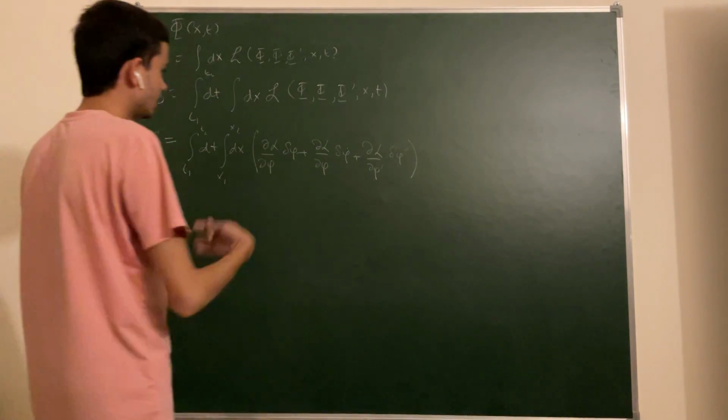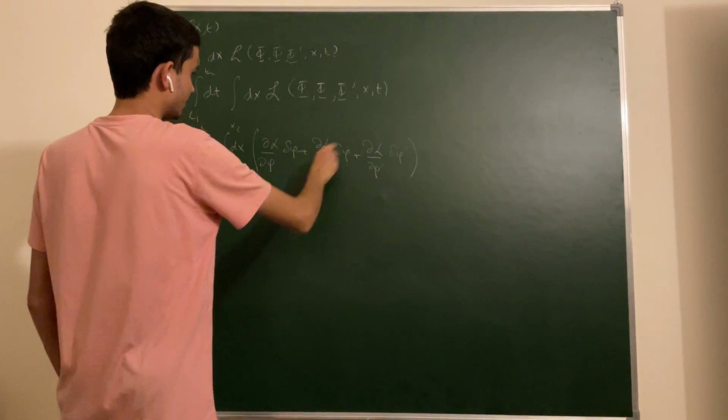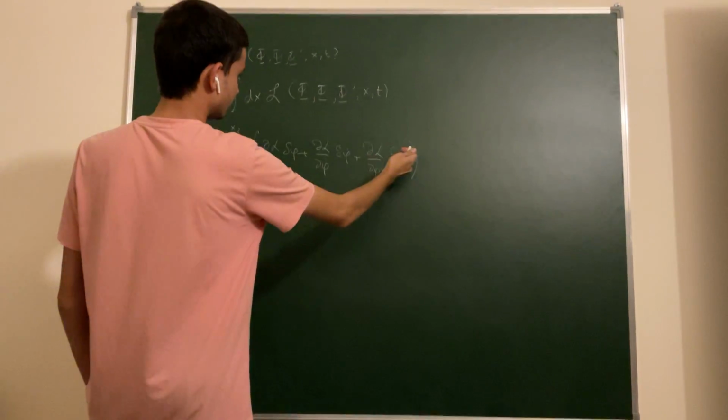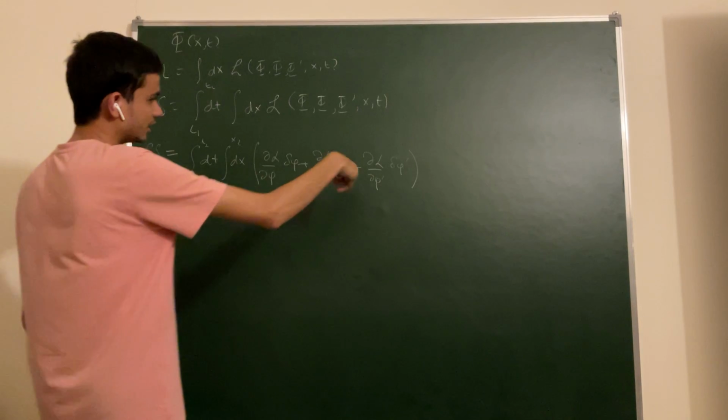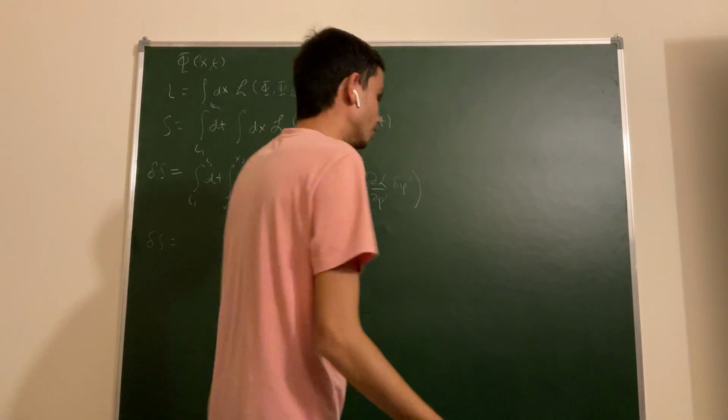Now again I'll use the UV rule, and I'll bring this time derivative over this phi term, and this space derivative over this x term. I'll again do that, and there will be boundary terms, and then the boundary terms will go to 0 simply.